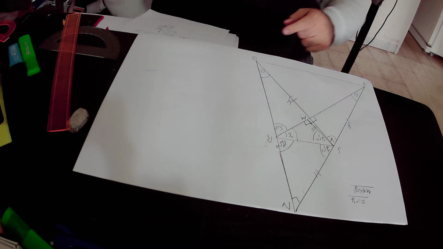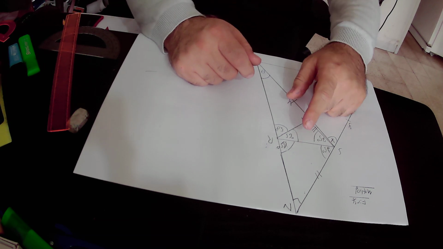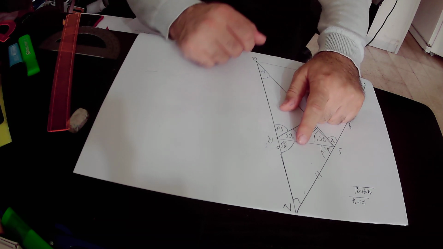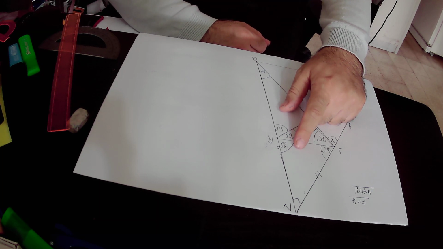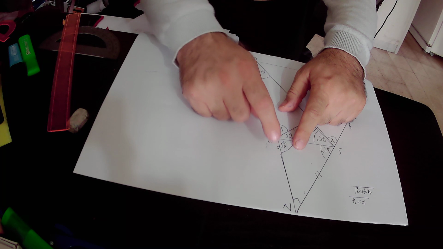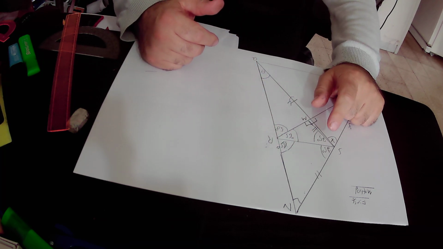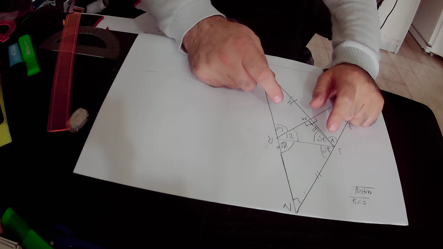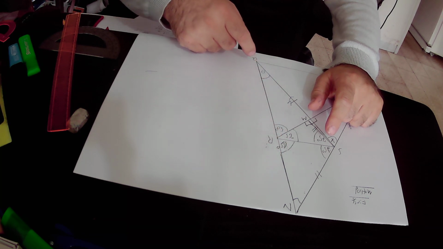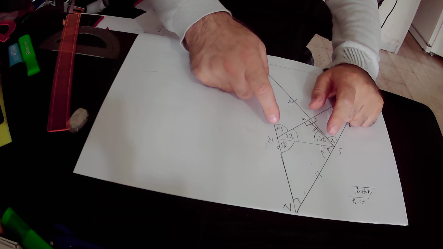Okay, from my point of view it is from the left side of the straight line QN, or as you can see it, from the right side of the straight line QN. The sum of the angles must be equal to 180 degrees.